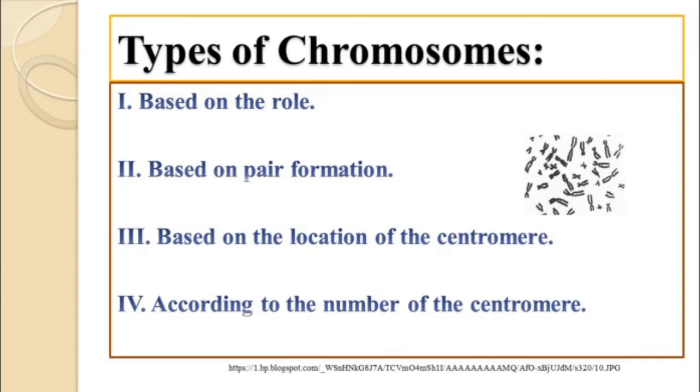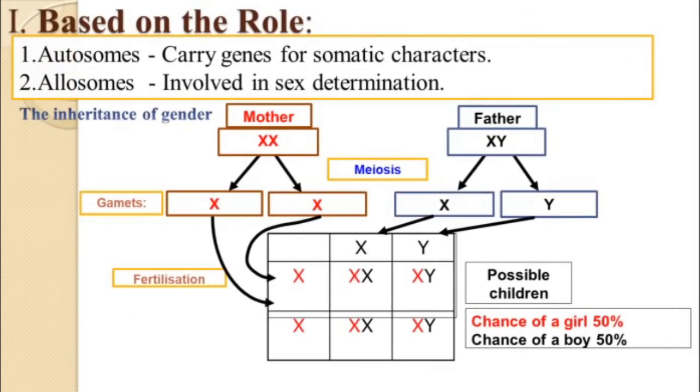Come to the types of chromosomes. Chromosomes can be classified into 4 different ways: based on the role, based on the pair formation, based on the location of the centromere, and according to the number of the centromere. Let us discuss about type of chromosomes based on the role.